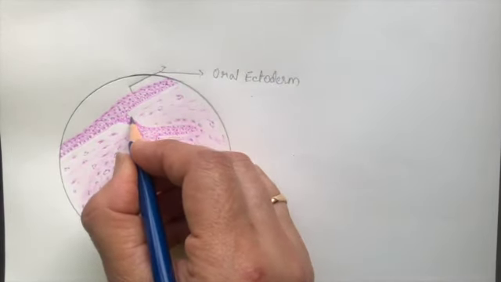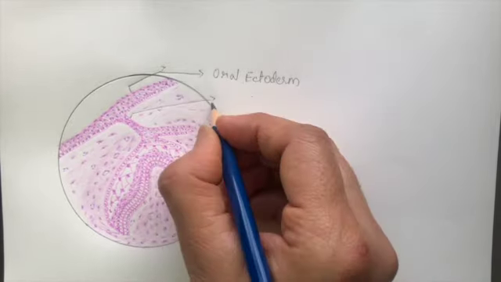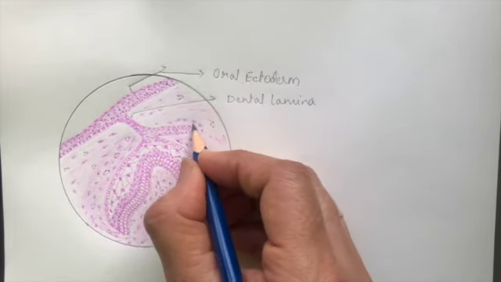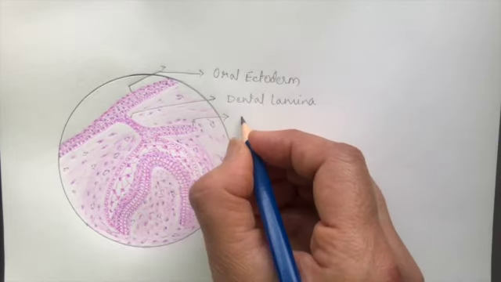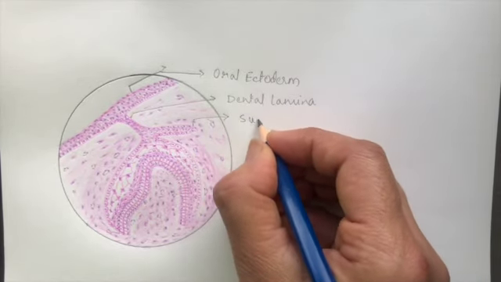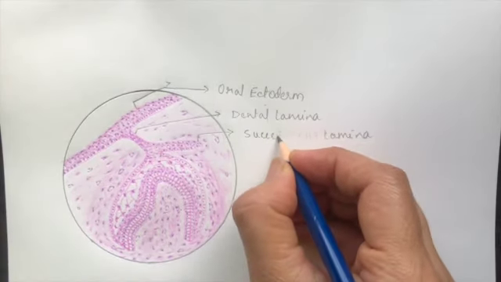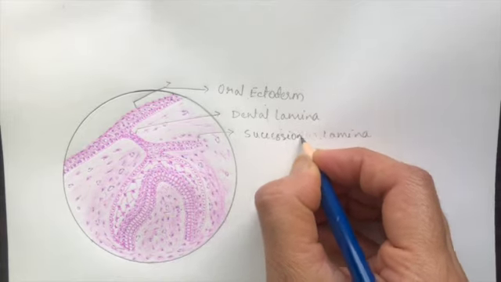Next, this is the dental lamina. Okay, we can label the successional lamina. It's called as successional lamina rather. We'll change it to successional lamina.